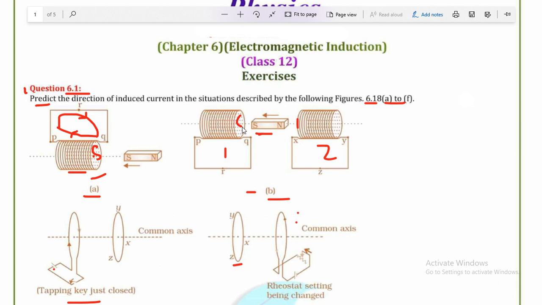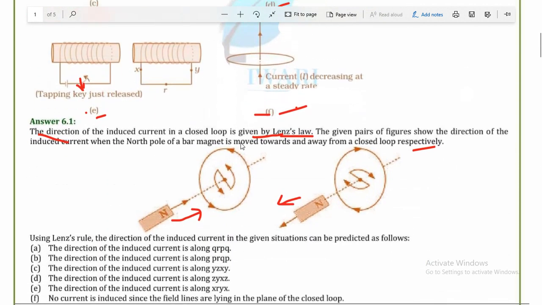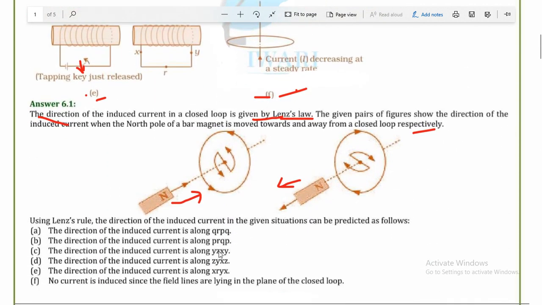In that case, there is again a south pole, and this one is the north pole. So the direction of current in this part is like this. PRQP, you can see here.